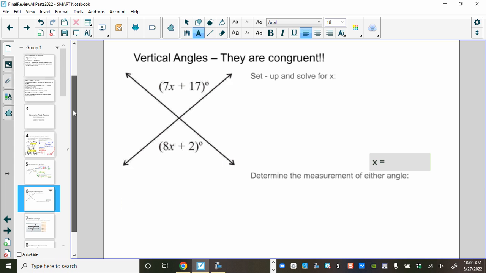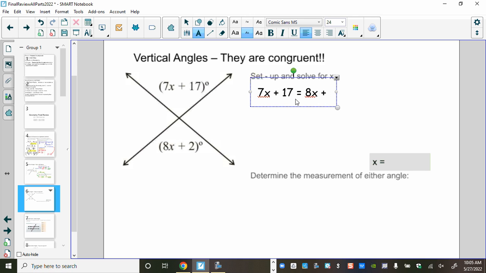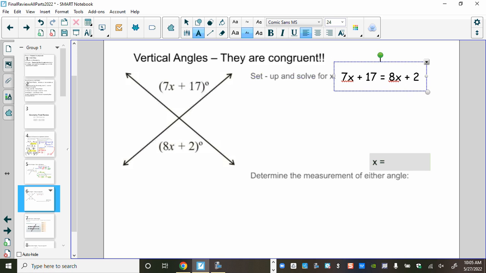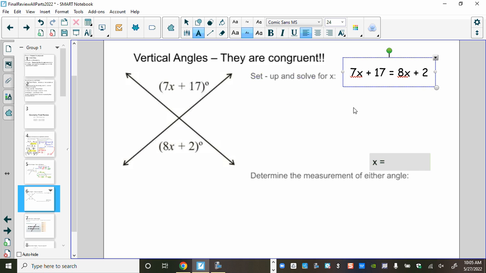Okay, vertical angles. They are congruent. So what's our setup for this problem? All right, now, given that, there's our setup. Take a moment or two to solve for x.